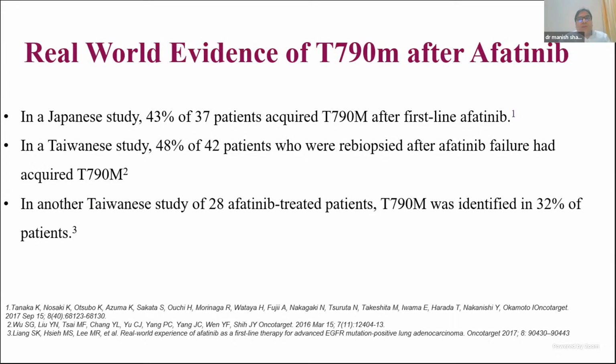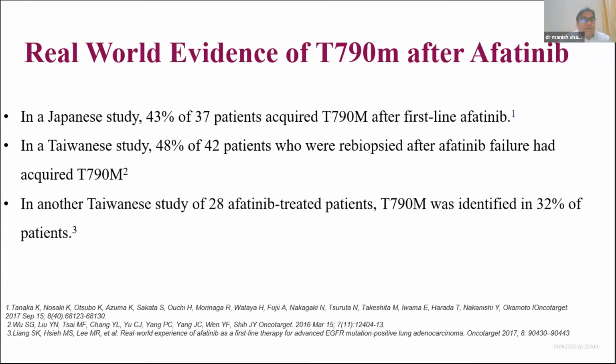So coming on to the real world evidence of T790M after afatinib, in a Japanese study, 43% of patients acquired the T790M mutation. In a Taiwanese study, 48% of the patients were re-biopsied, and they acquired the T790M mutation.